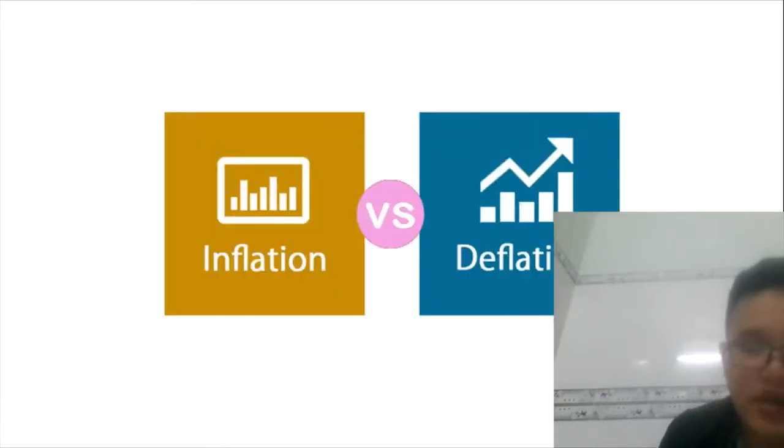Lastly, inflation is better than deflation. The only thing worse than inflation is deflation. A fall in prices can cause an increase in the real debt burden and discourage spending and investment. Deflation was a factor in the Great Depression in the 1930s.